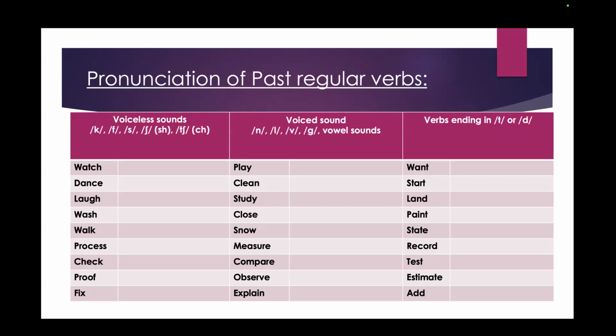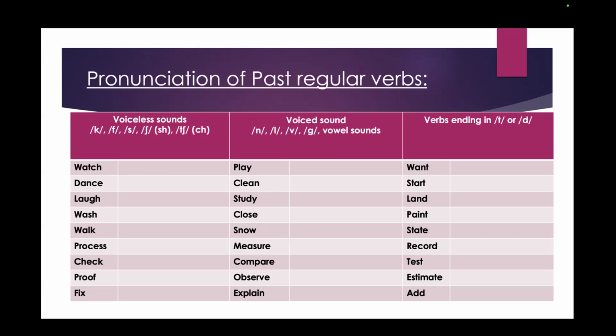So the verbs that are regular, we can categorize them in three: voiceless sounds, voiced sounds, and verbs ending in T or D, and how this changes the way we pronounce these verbs in the past. So let's start with the column to the very left.